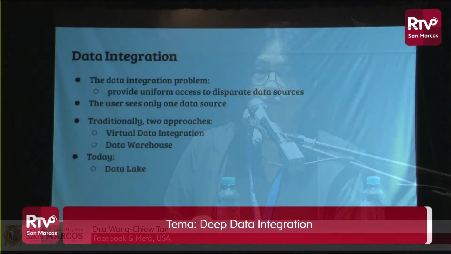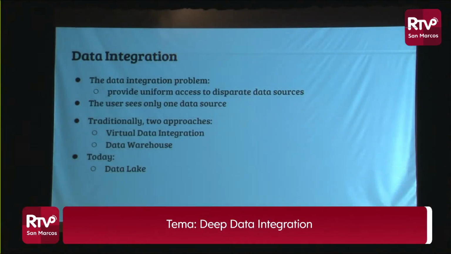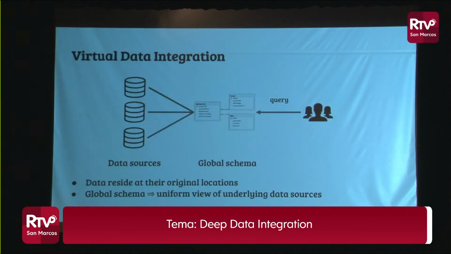There are two data integration approaches. One is called virtual data integration, and the other is the data warehouse, and today you also know about data lakes. So what is the virtual data integration approach? In this setting, you have a bunch of data sources sitting on the left here, and there is a global schema that the user sees. Because the user only sees this global schema, she gets the perception that there is only one single data source.